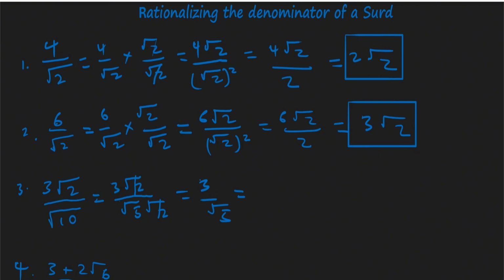So we're going to multiply 3 root 5 by root 5 over root 5. 3 times root 5, we have 3 root 5. Root 5 times root 5 is going to give us root 5 squared, which is 5. And that's it. We're done.